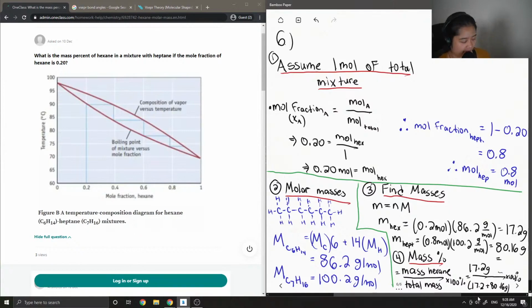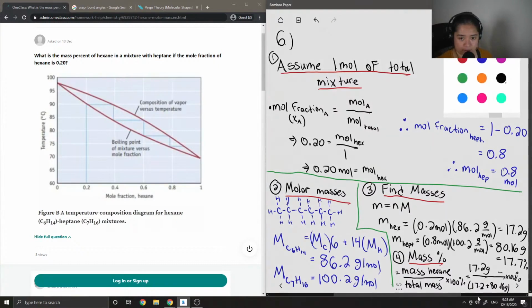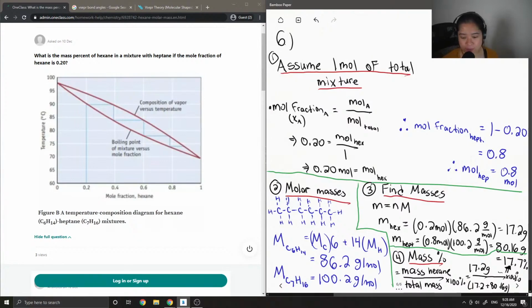I'm going to write it up here. It gives us a value of 17.7%. Let's fit that in the corner. So the answer is 17.7 mass percent of hexane.